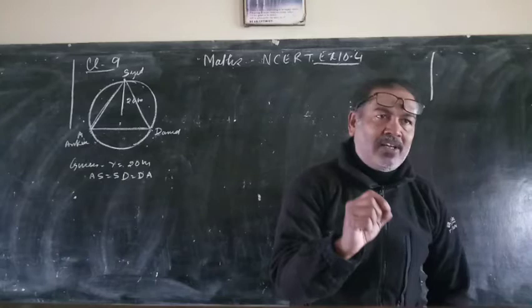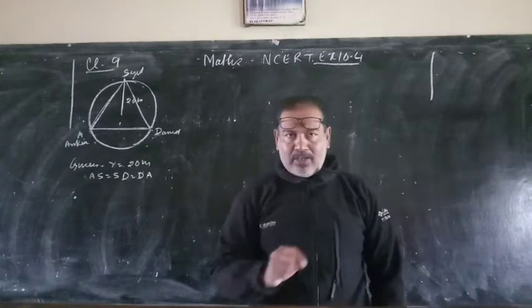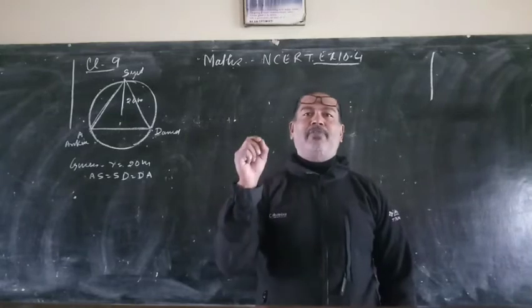What I have mentioned, children, is that if a circumscribed circle is drawn, its center is the centroid of the triangle.